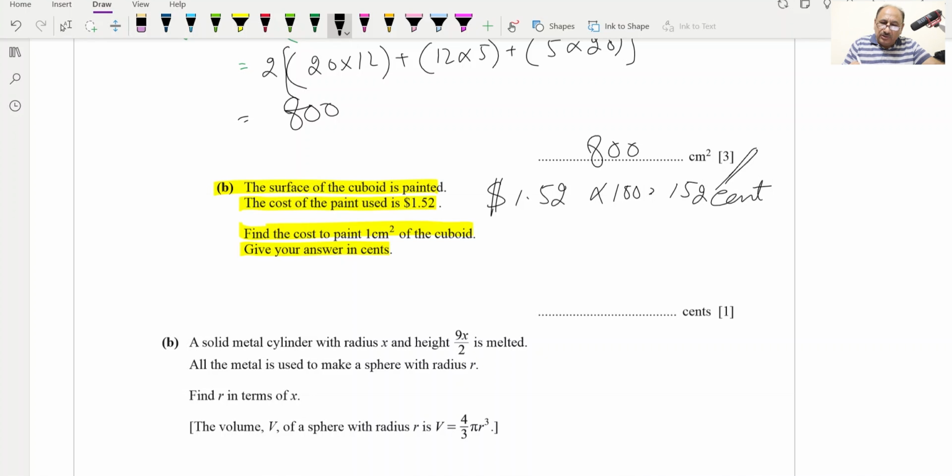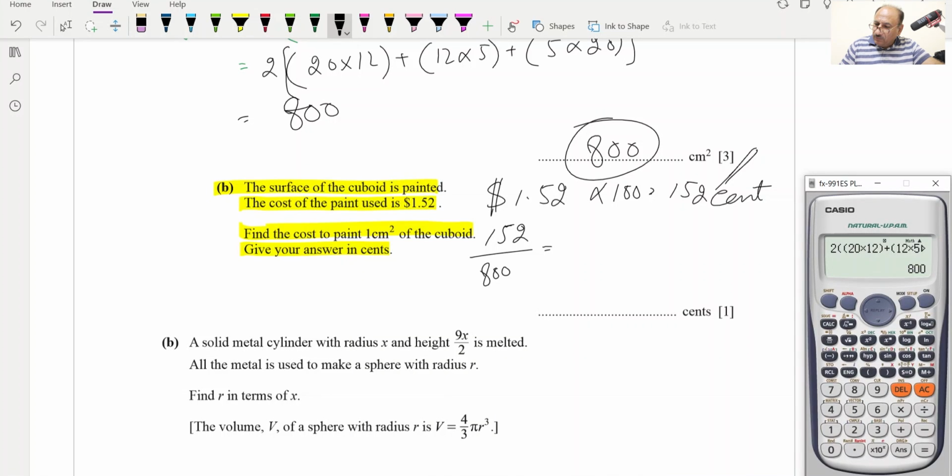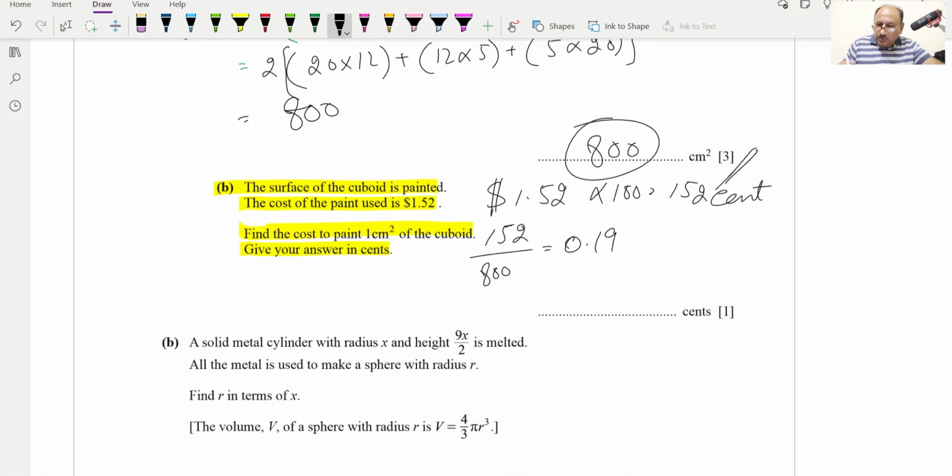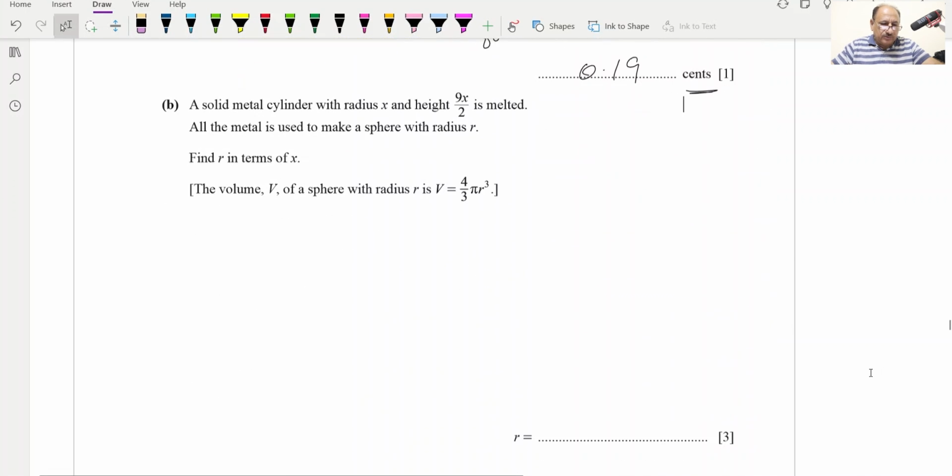So we have converted into cents. Now 152 will be divided by 800, because this is 800 centimeter square, and we will get the answer. So 152 divided by 800 is equal to 0.19. So 0.19 cent, this will be our answer for this part.